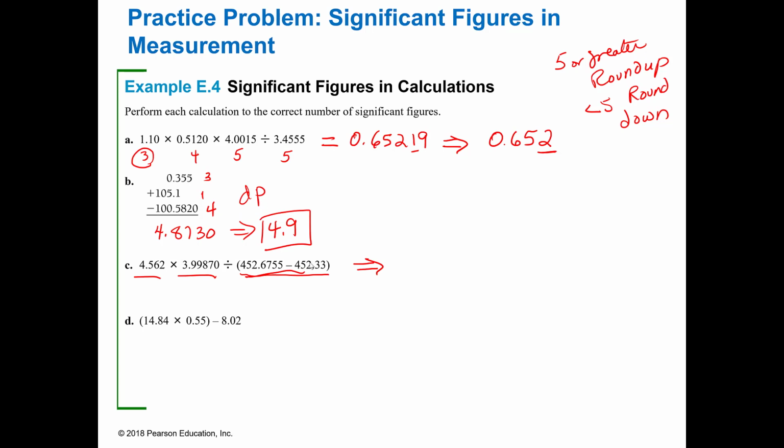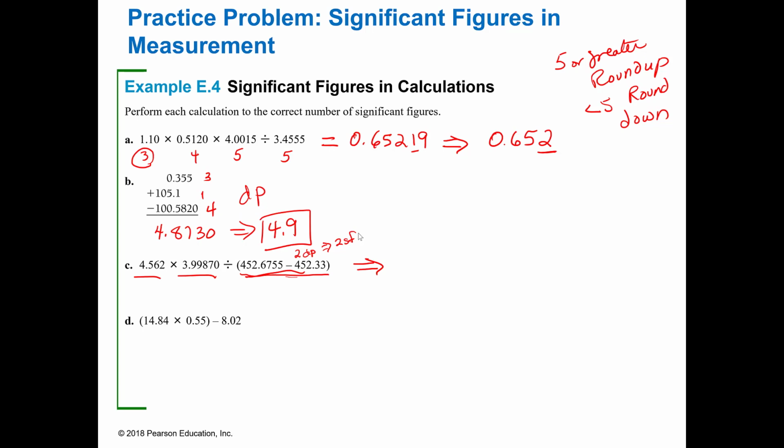When you subtract these two numbers, you're going to have something with two decimal places. So two decimal places in your answer is going to end up with two significant figures. Do it in your calculator and you'll see what I'm talking about.